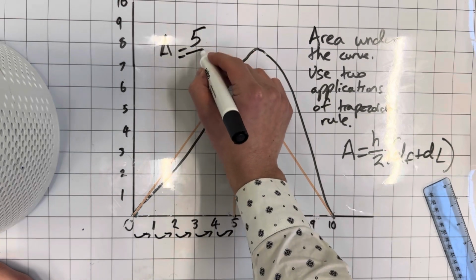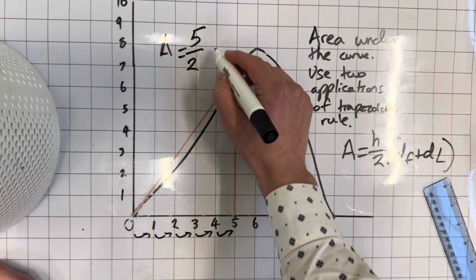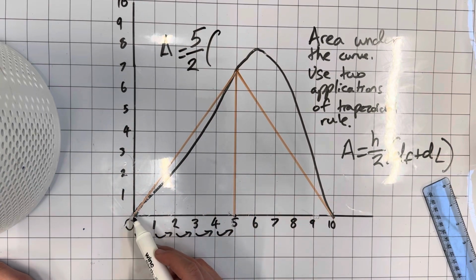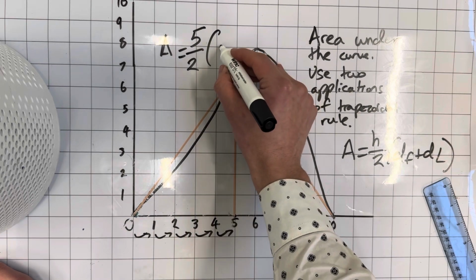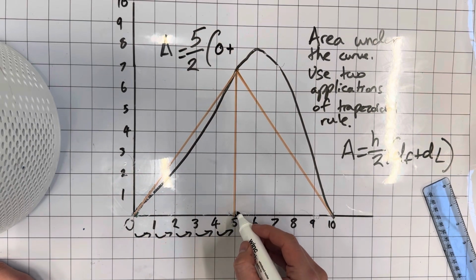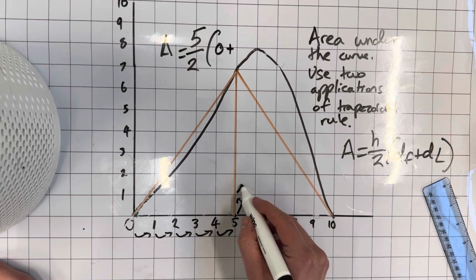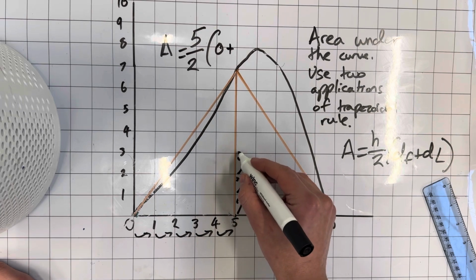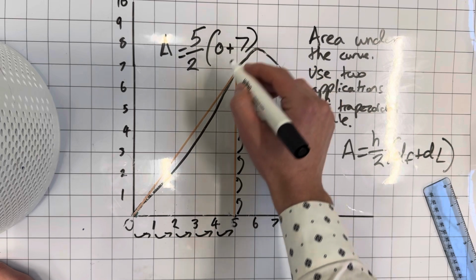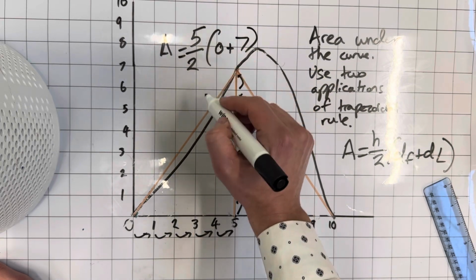It's going to be 5 over 2. Our first line, df, is going to be measured here, and notice that there isn't any distance here. This is the starting point, so it's actually going to be a 0 in this example. And that can be true. And then we're going to count up this one for our last line, which is 1, 2, 3, 4, 5, 6, 7. 7.